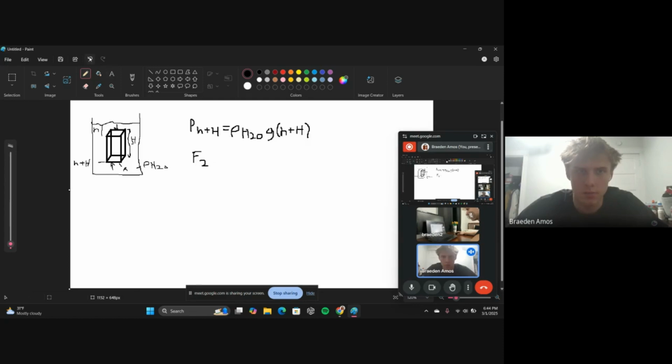So this is the force going up: density of water times gravity times little h plus big H times area. Okay, so now that's the force going up.